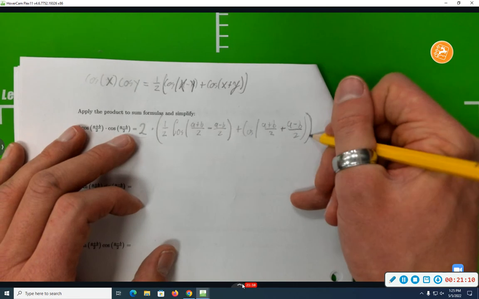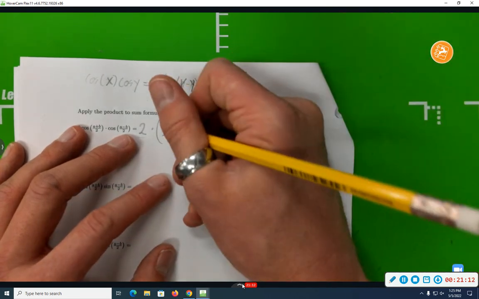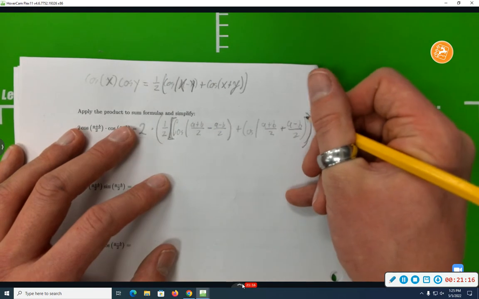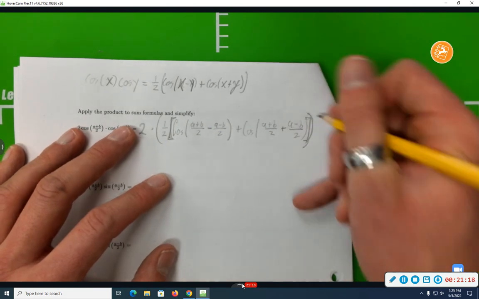Let's see, that's enough parentheses? No, it's not. That 1/2 needs to be multiplied by everything as well. Now it's enough parentheses.